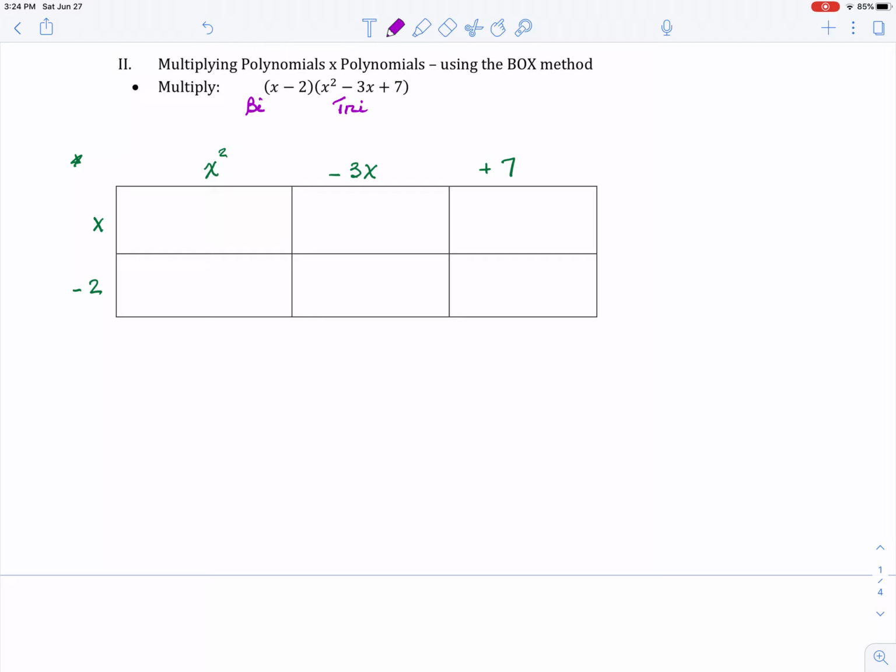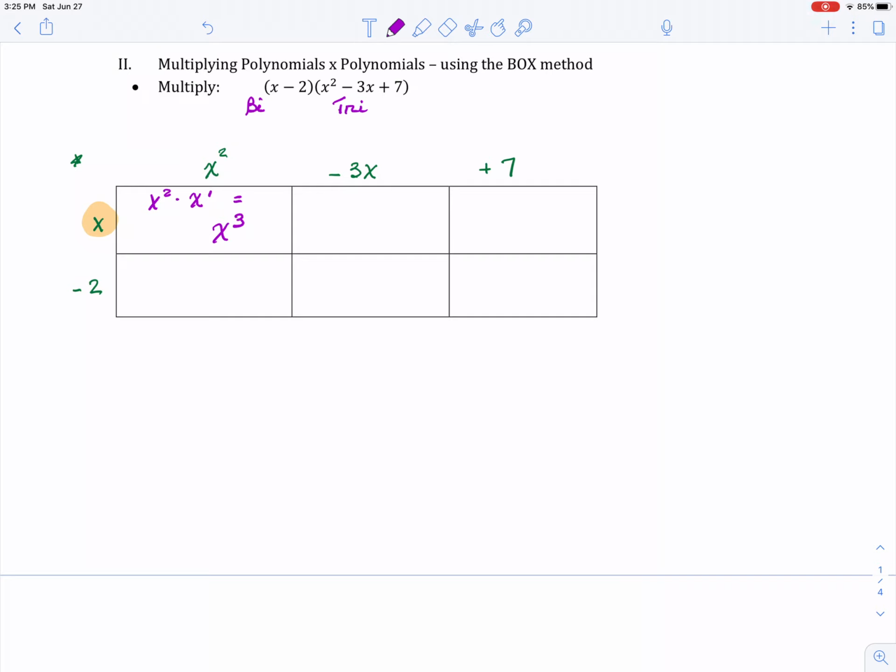You take this first x and you're going to distribute it to each of the terms across the top of the box. So when I do x squared times x to the first, I get x to the third. Remember, those add up.